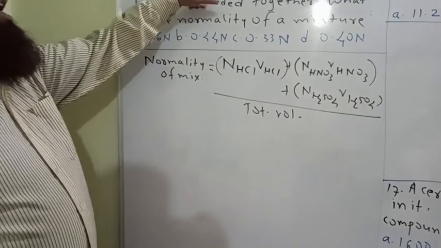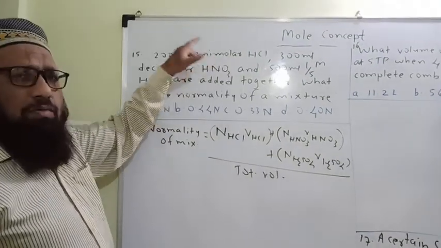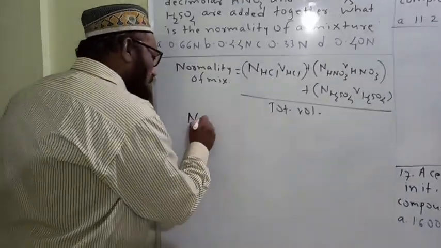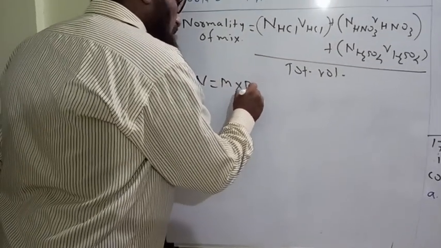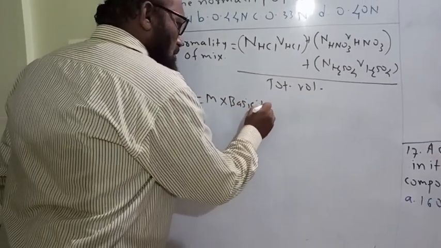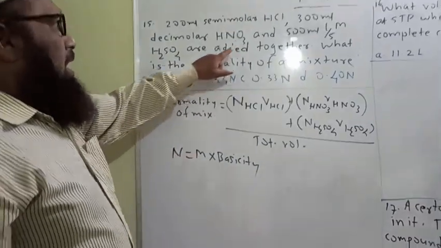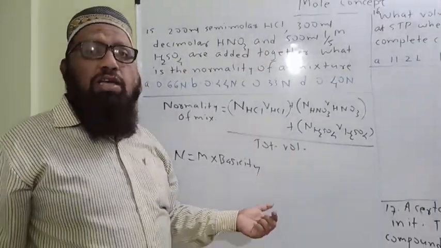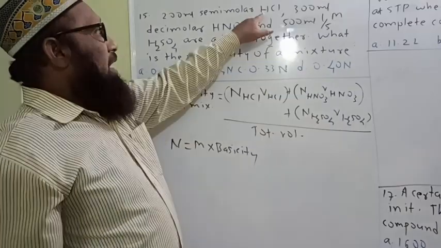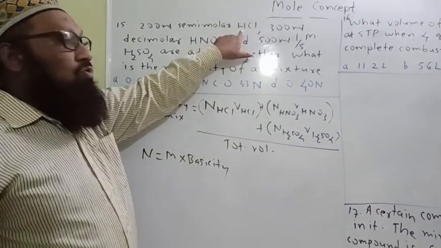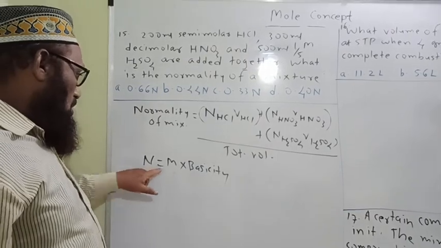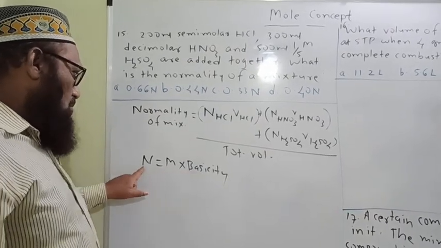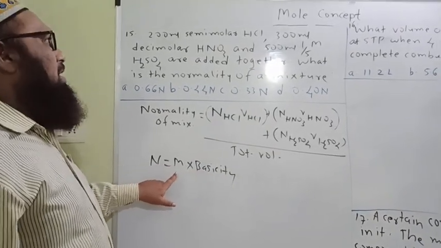Now we know the relationship between normality and molarity. Normality is equal to molarity into basicity. For HCl, what is the meaning of basicity? Number of ionizable replaceable hydrogen. HCl basicity is equal to 1. Therefore here basicity 1, normality is equal to molarity.